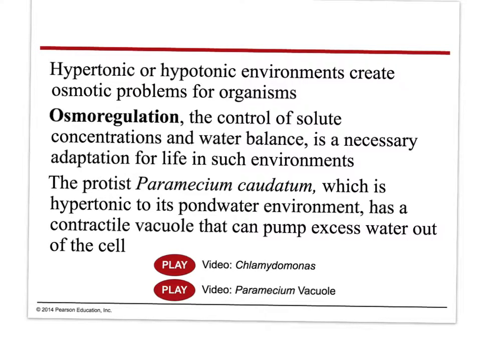Because a lot of times you're not going to be able to move stuff that's inside the cell, it's in solution, out of it, but you can always regulate how much water is inside and outside. And the paramecium and other aquatic single-celled organisms do this by bringing water in or spitting it out and having what we call a contractile vacuole that can pump water in and out that will allow it to regulate tonicity across the membrane.